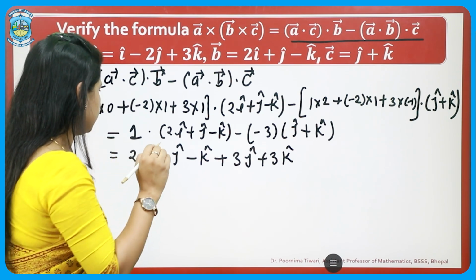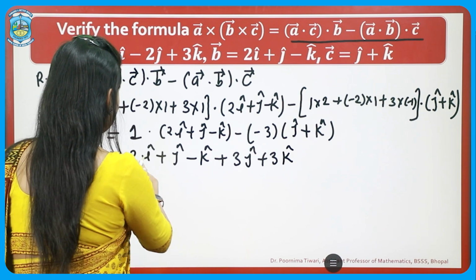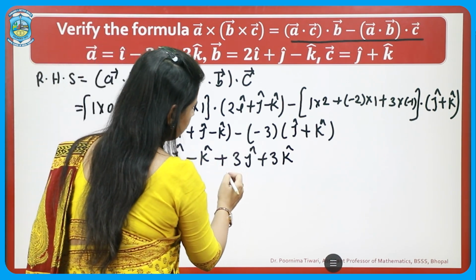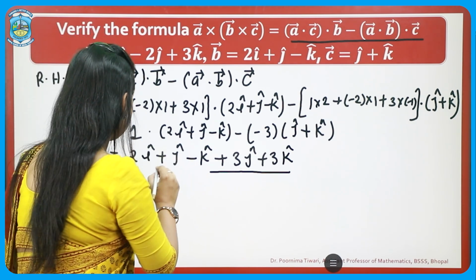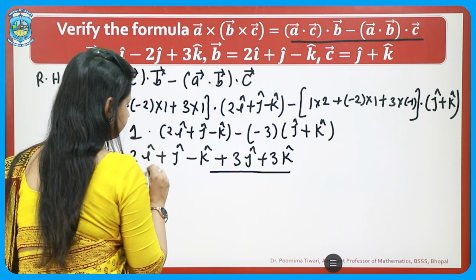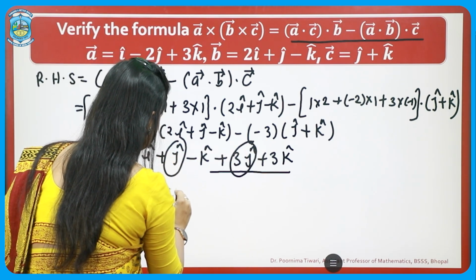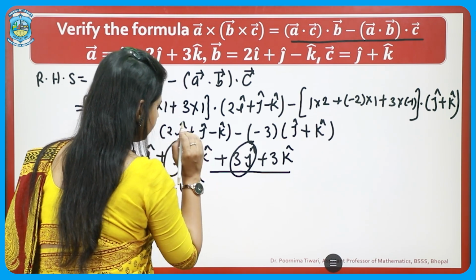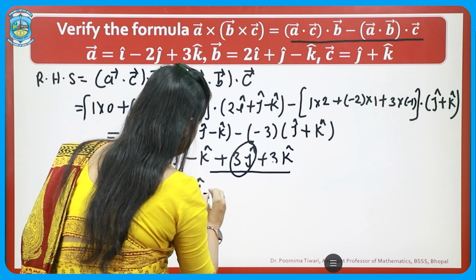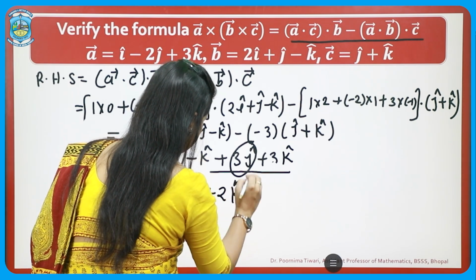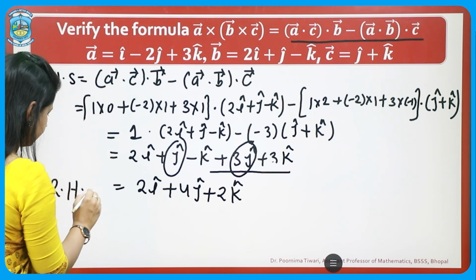On further solving, 2i and there is no other value with the vector i cap. So, this would be 2i. Now, this j cap plus 3 j cap, that is 4 j cap, minus k cap plus 3 k cap is plus 2 k cap. So, this is our right hand side.